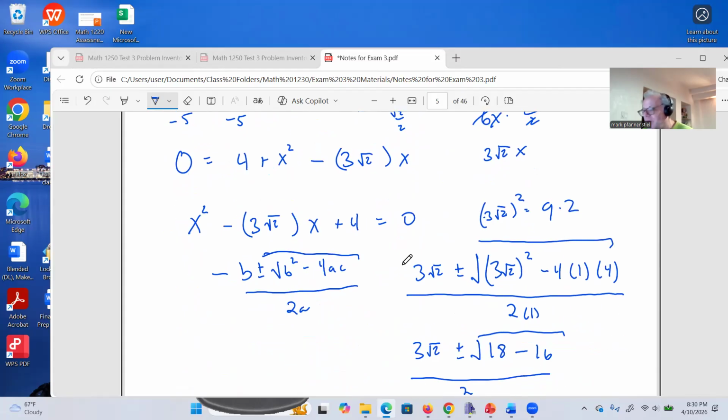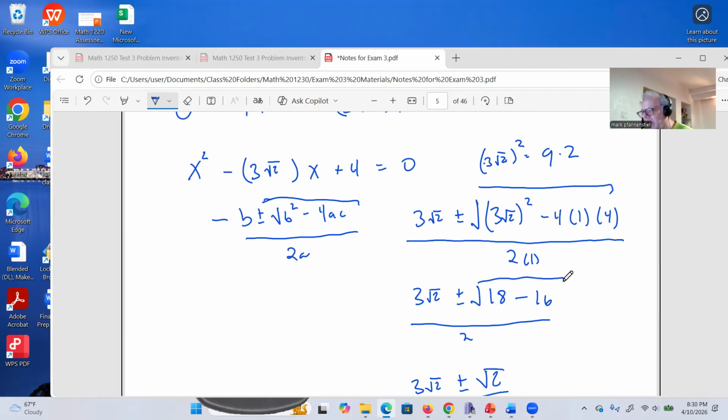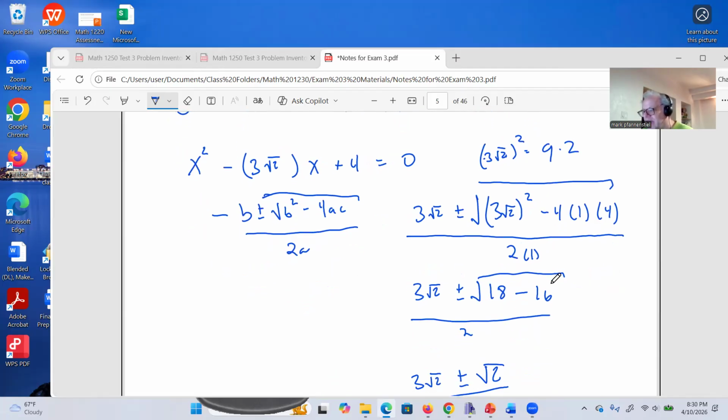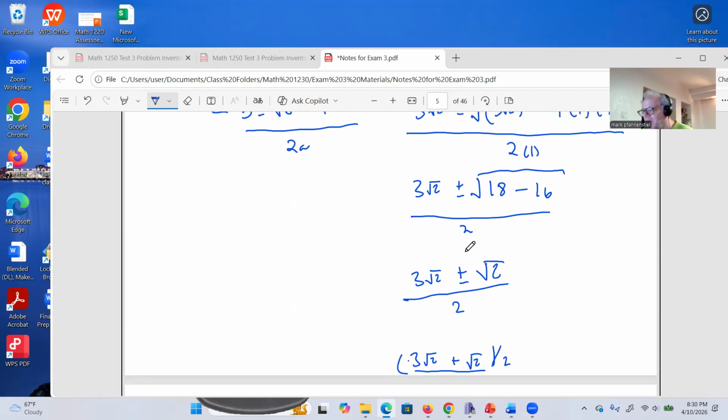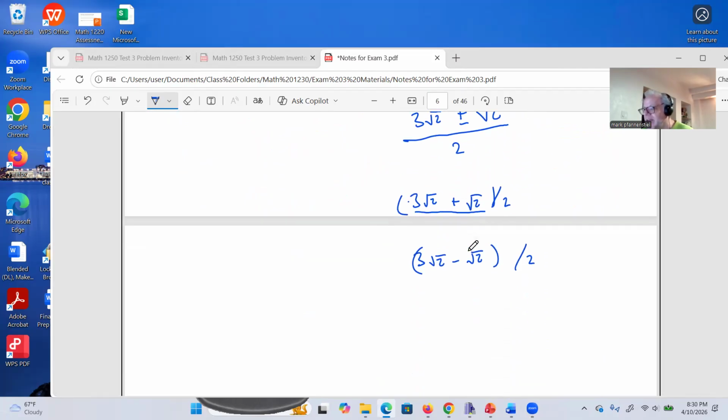So we have negative negative 3 root 2 plus or minus the square root of this whole thing squared. We did get that to be 18. Minus 4 times a, which is 1, times c, which is 4. And 18 minus 16 is 2. So all right, this happens, and that's all right.